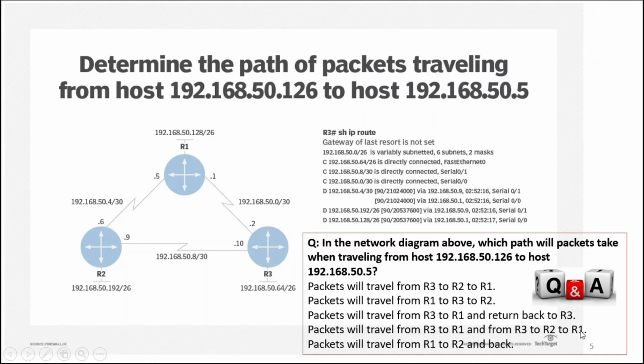This part is the same as this part, which was already discussed and is a wrong choice. Then the only possible and right solution is that packets will travel from R3 to R1 and return back from R1 to R3. So the right solution is the third one.